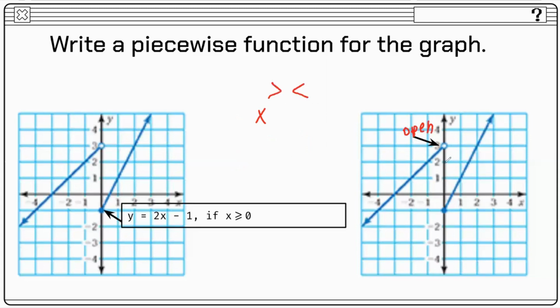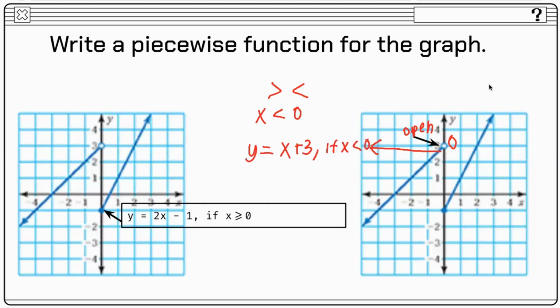And then your starting point is here at 0 on the x-axis. And from there, it continues to the left of 0 where your x's are negative. So we know it's going to be x is less than 0. So your final linear equation for this line is y equals x plus 3 if x is less than 0.